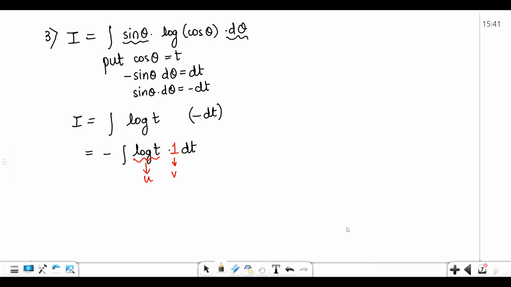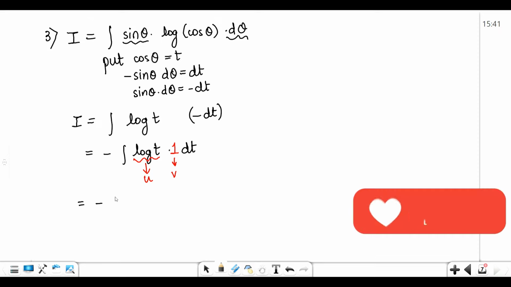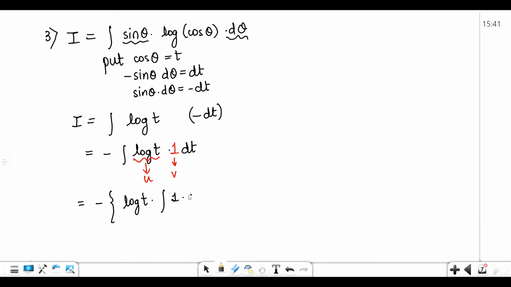Okay, now solve it. So keep this minus sign aside. Okay, we'll keep this aside and we'll apply the by parts formula. So keeping u as it is, then the integration of 1 dx minus integration derivative of log t.